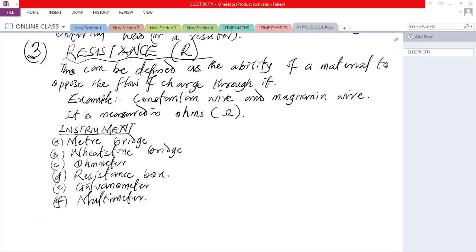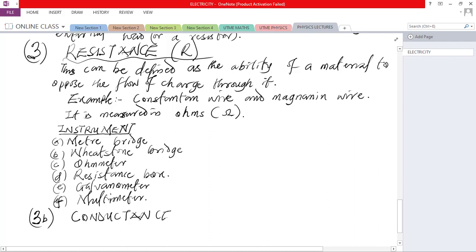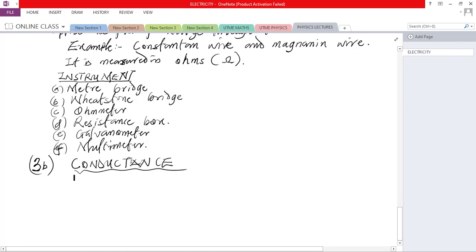Now let's go to B part of this resistance. It has a twin brother called 3B, that is conductance. What is a conductance? So it's like opposite to resistance.